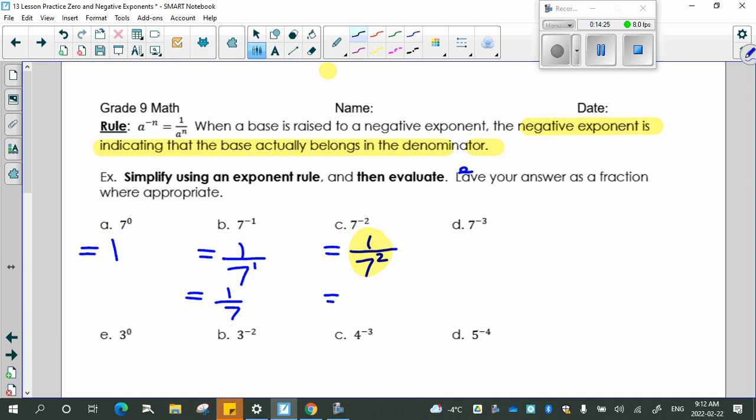And then our evaluate step would be where we figure out 7 to the power of 2 is 49. And that's our answer, 1 over 49. So this is simplified using an exponent rule. And this is our evaluate.